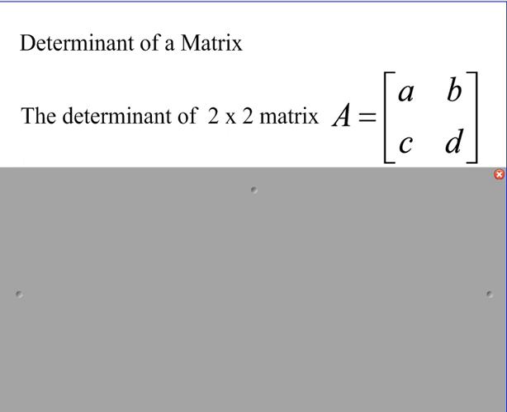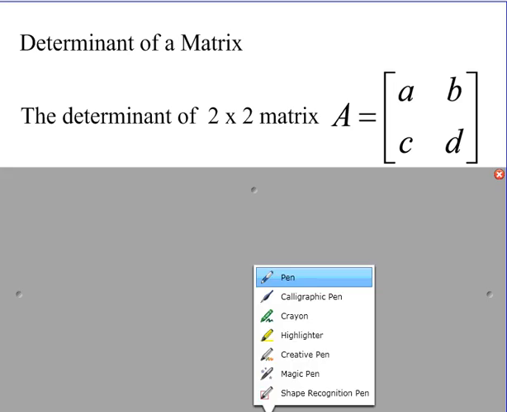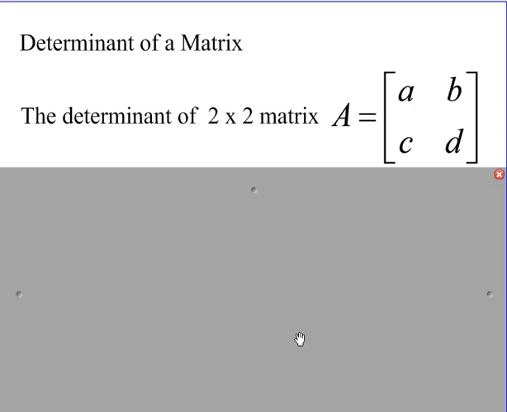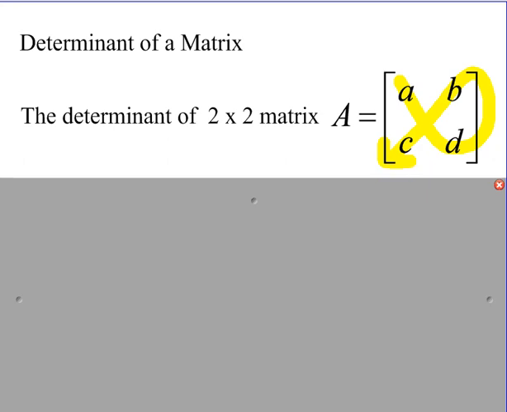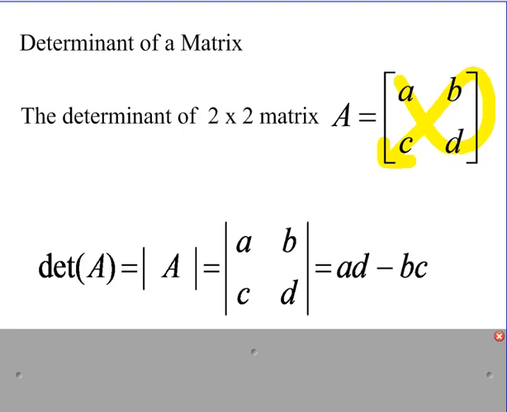So if I have a 2 by 2, and I have this matrix A, which has the elements A, B, C, and D, we're going to do this sort of motion over here, where we go like this, and then like that. Okay, and so the determinant of a 2 by 2 matrix, which can have the notation of the determinant of A, also this sort of absolute value of A, because what we're going to get out of this matrix is one number.